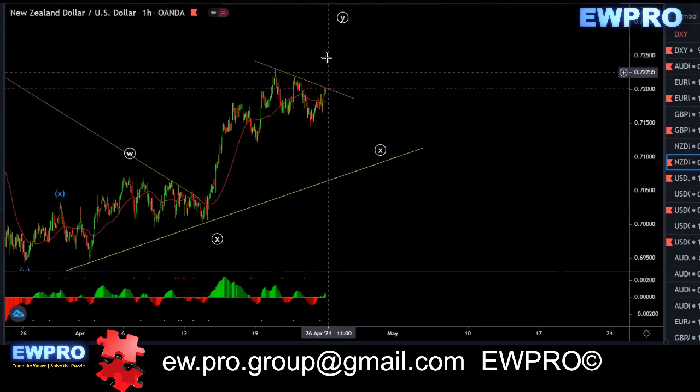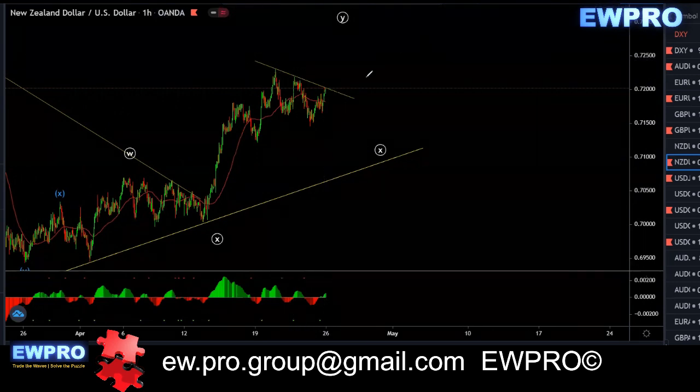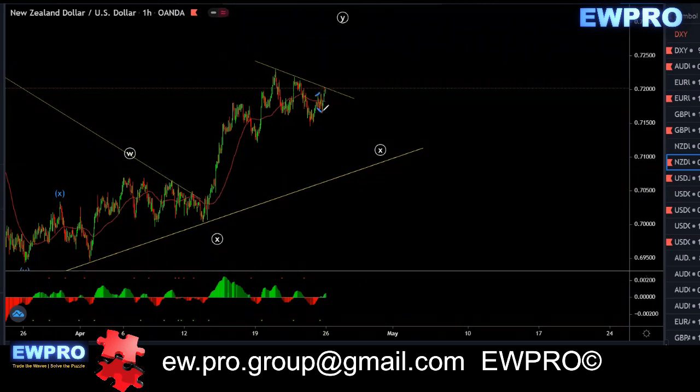So if you do get a bullish setup, like this was your little flag in here. There's a little flag, little flat in here. But you probably have missed that. So if you get any little bullish flag, break of this trend line, little bullish flag, you can look for that buy.